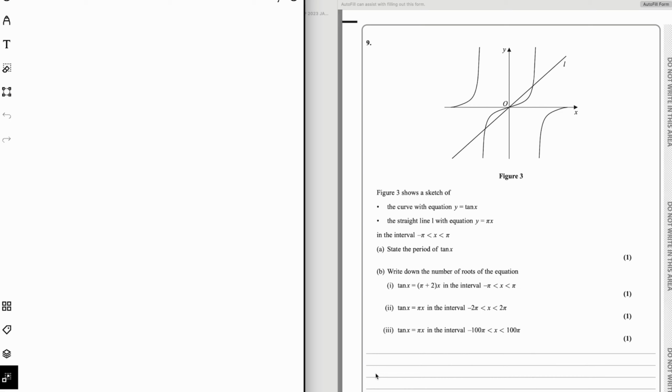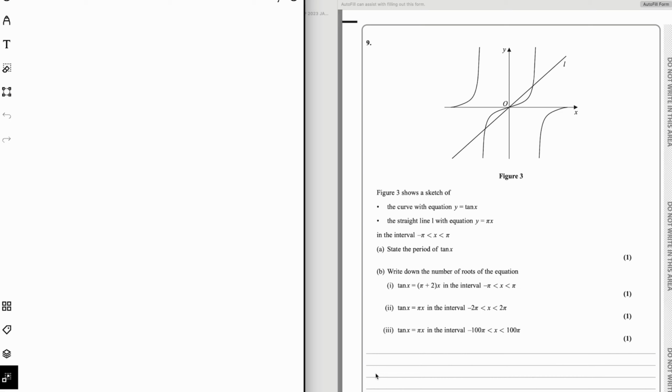Then they have given the equation of the line L, y equal to pi x. There is no plus c, so there is no y-intercept; it is passing through the origin. Now they are asking tan x is equal to pi plus 2x in the interval of minus pi to pi.